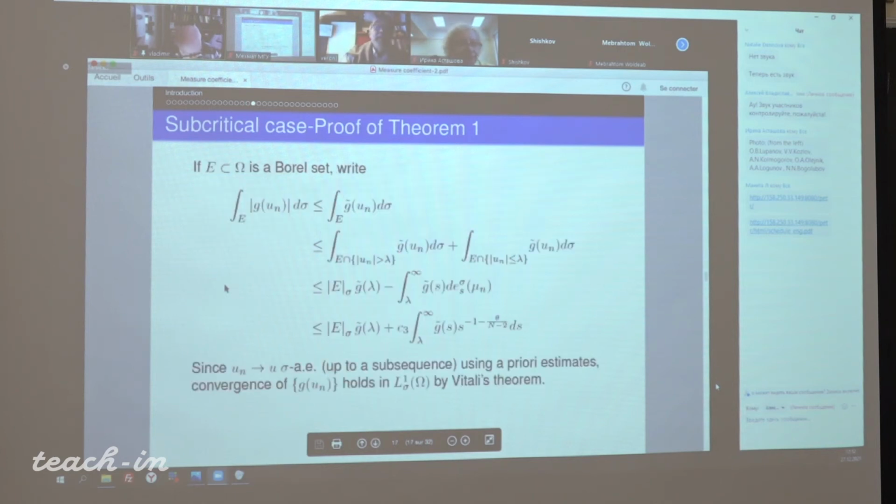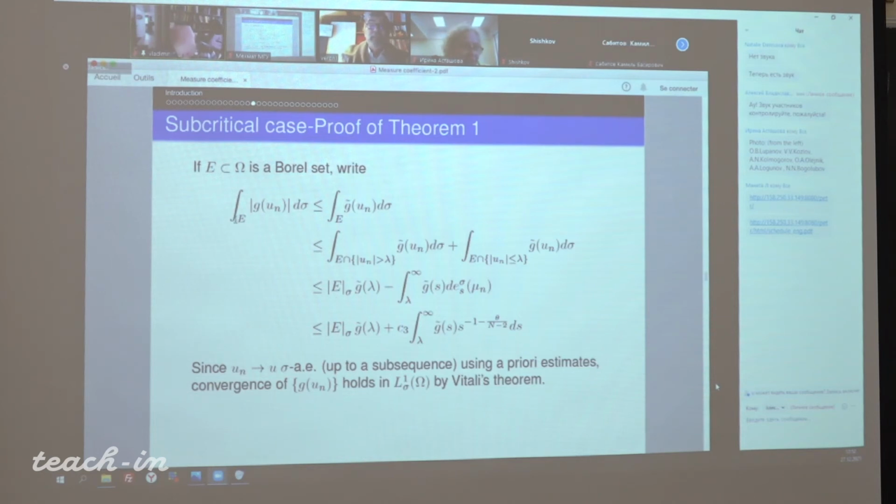Now, we know that G of UN is converging almost everywhere, sigma almost everywhere. Now the problem is to prove that we can use weak convergence in L1 sigma.